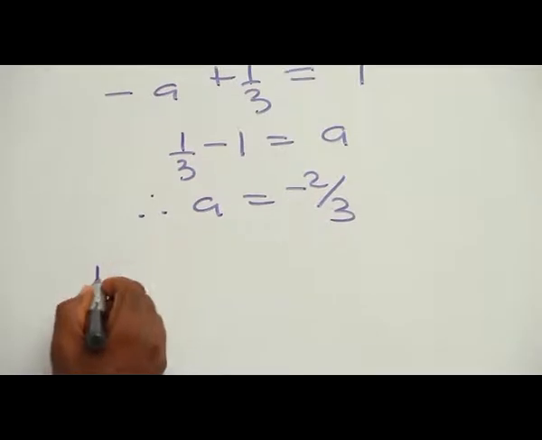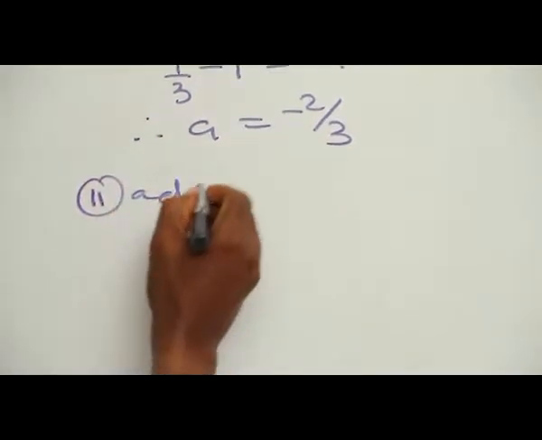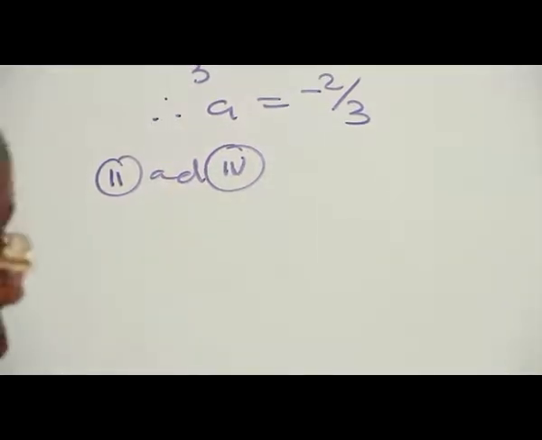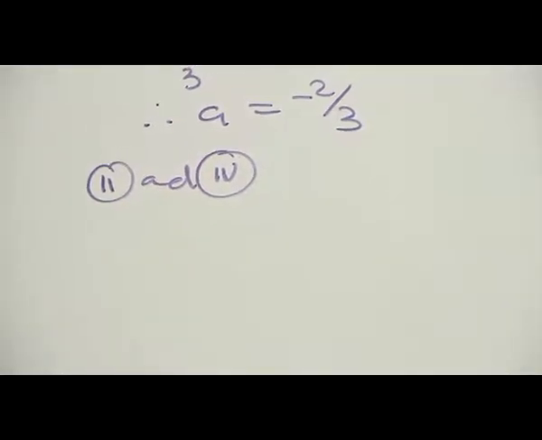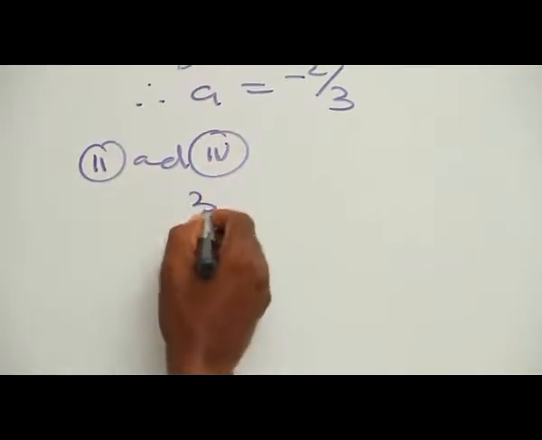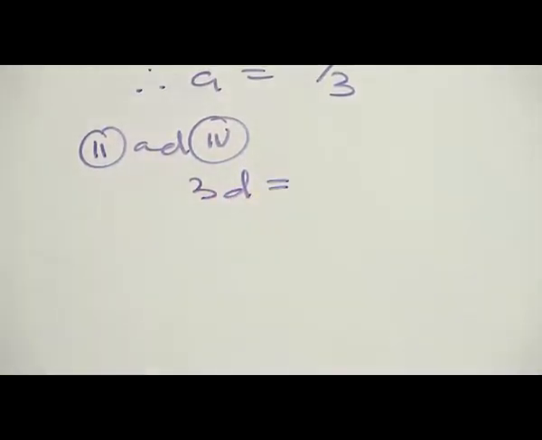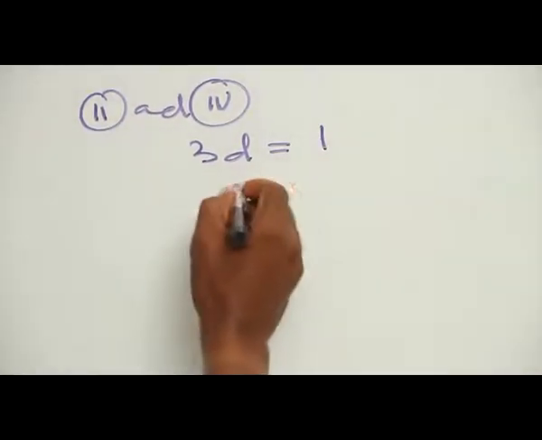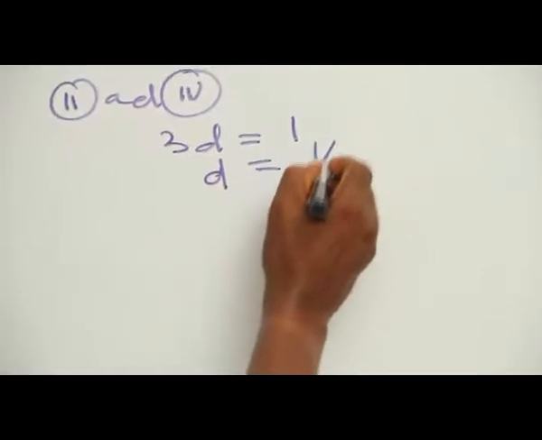Then you take equation 2 and equation 4. If you solve equation 2 and 4, you can add, then minus B plus B is 0, and then D plus 2D is 3D. And 3D, 0 plus 1 will give us 1. Again, our D is equal to 1 over 3.